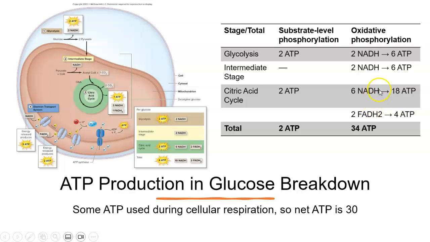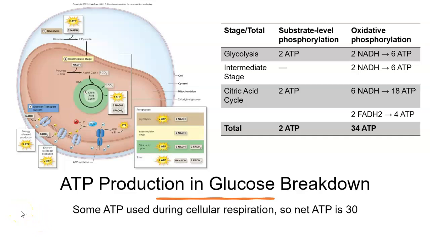So what have we done here? We have created a total of around 32 to 36 ATP. Because we used some, we lost 2 right off the bat, and depending on the cell and where that cell is located, you may see anywhere between 30 to 36 as the number quoted.